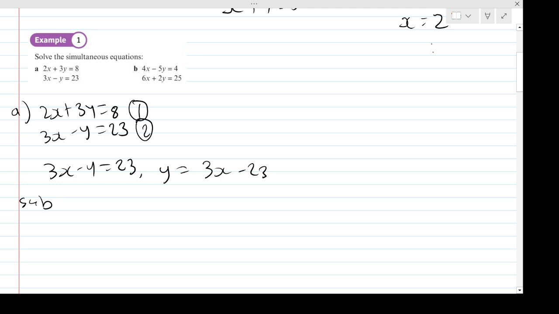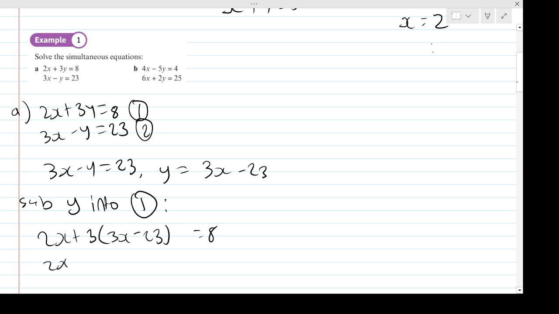Because we used equation 2, we're going to substitute it into the other equation. So I'm going to say sub into 1, or substitute y into 1 to be more precise. Well then 2x add 3, now the y goes to 3x minus 23, which again is the beauty of this method, because that gets rid of the y, just in terms of x, is 8. Then we can just solve it.